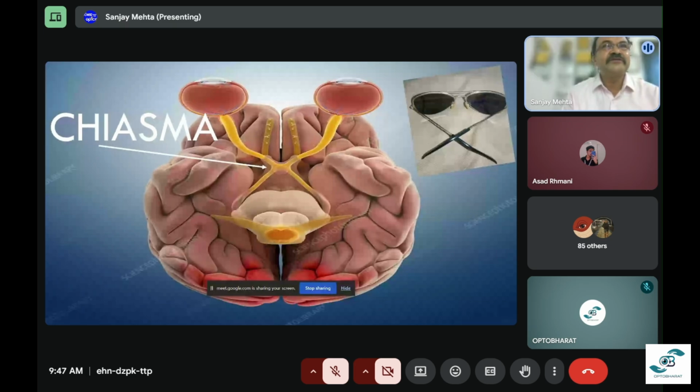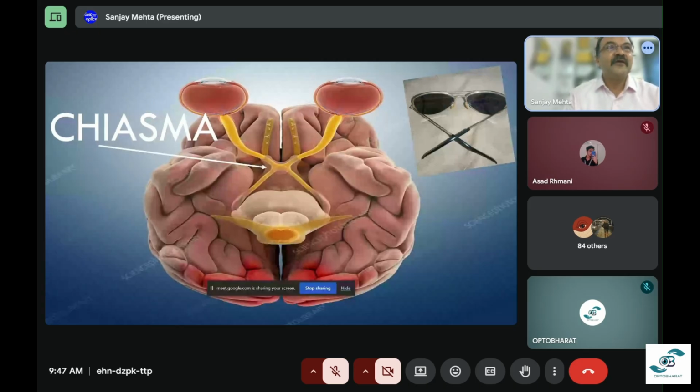So I used cycloplegic and other drops caps, and did a confrontation test. I forgot to mention there, but for checking the visual field, confrontation test is very crucial. We can do it when you don't have any other equipment.